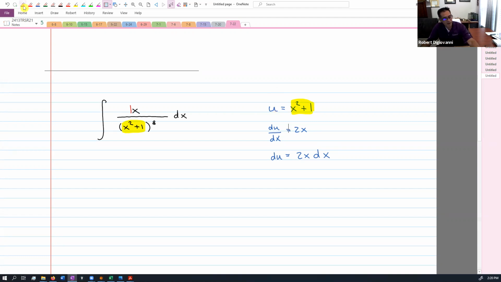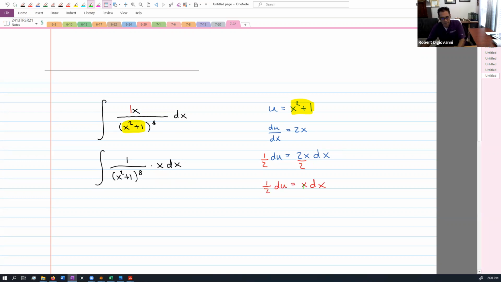The problem I have though now is that when I rewrite this, x dx, right? When I do x dx here, bring that x out, that doesn't match this, does it? This doesn't match. Simple fix. Divide both sides by 2. Okay? If you divide both sides by 2, you get 1/2 du equals x dx.